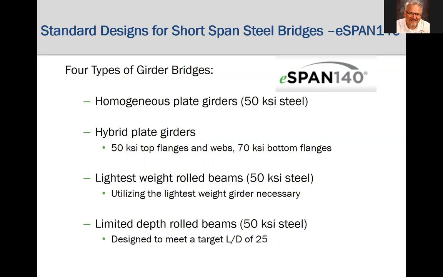When replacing an existing bridge, many times a smaller depth is more economical overall even though the steel weight is heavier, because with the smaller depth, existing abutments and existing approaches do not need to be changed.